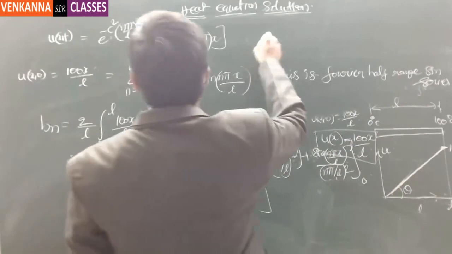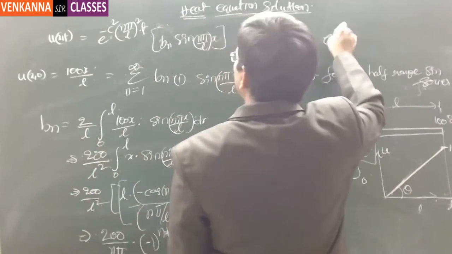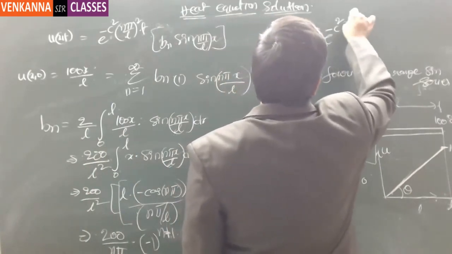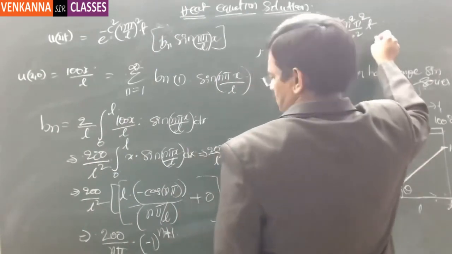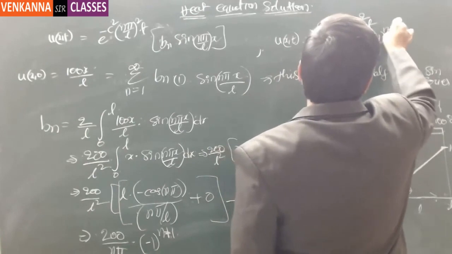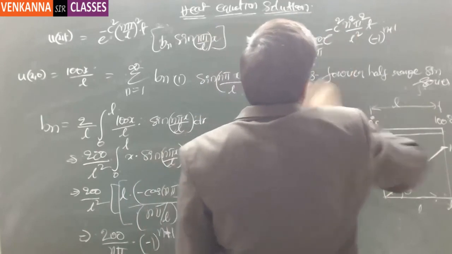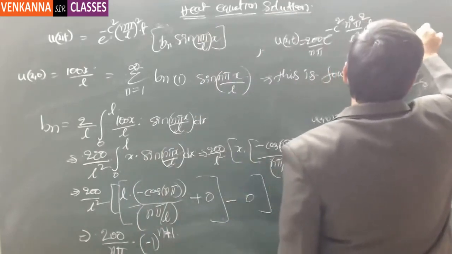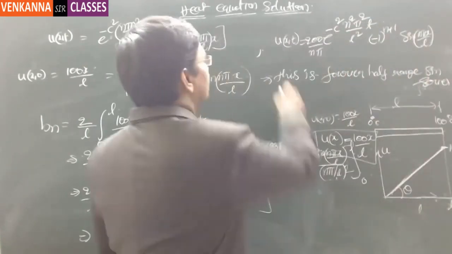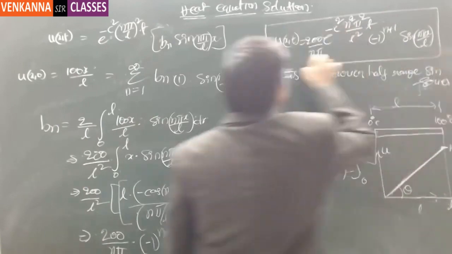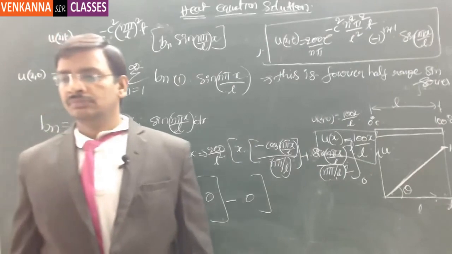The final solution is going to be u of x comma t is equal to e power minus c square n square pi square by L square into t, into minus 1 whole power n plus 1 into 200 divided by n pi times sine of n pi x by L. So this is the distribution at any time and at any displacement for the temperature. This is the final solution. Got it? Understood? Or do you have any questions on this?